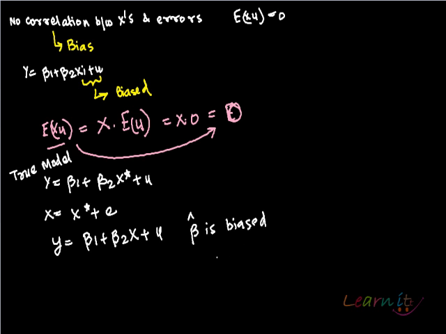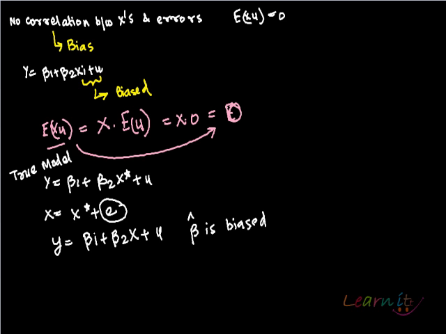And this depends upon how large this error term is. In case this is a small term, there's no problem with that. But if this is a large term, then this is a problem. So there is no correlation between the error term and your independent x's.